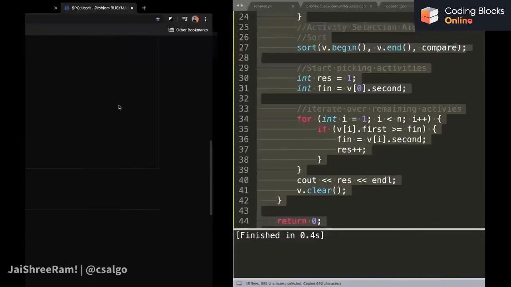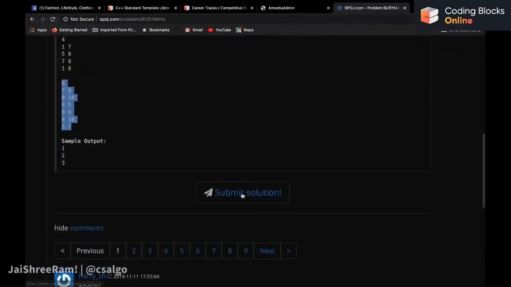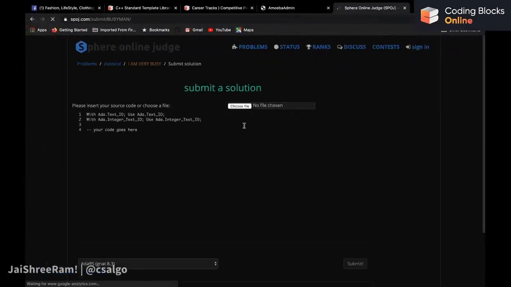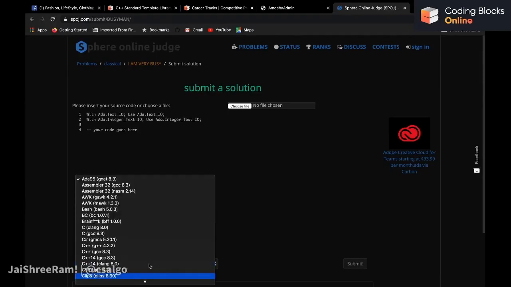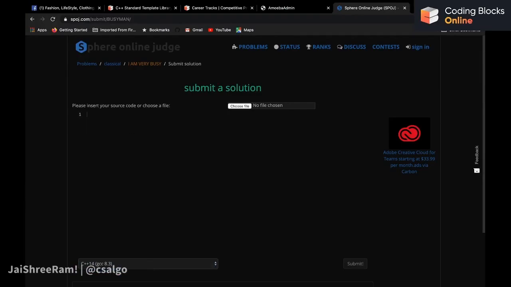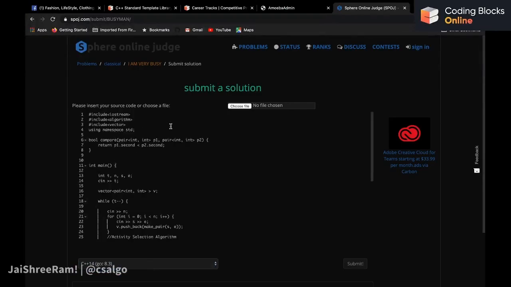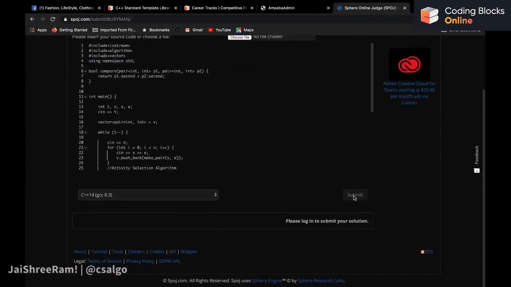So let's try to submit this code on Spotch and see. Let's submit this code.